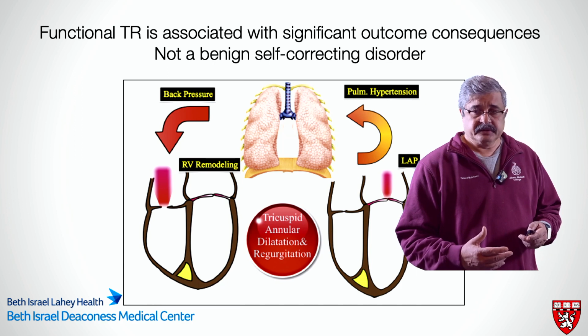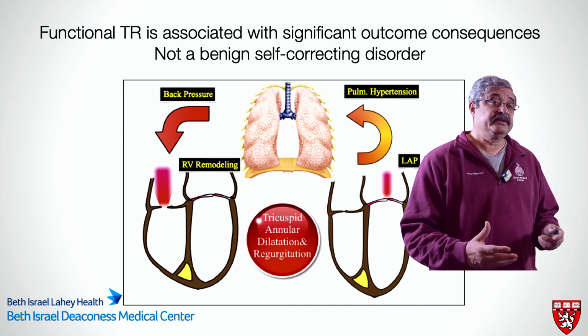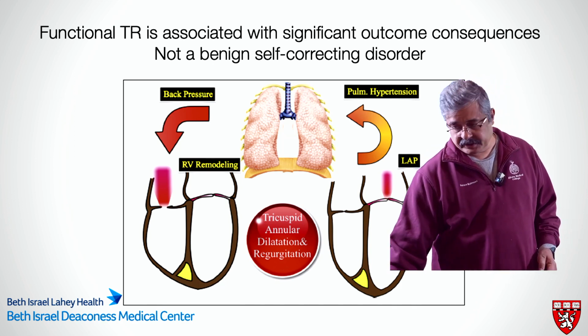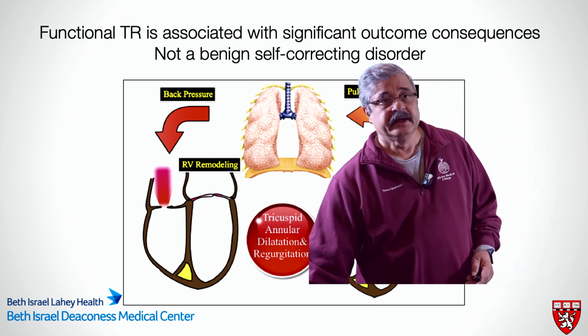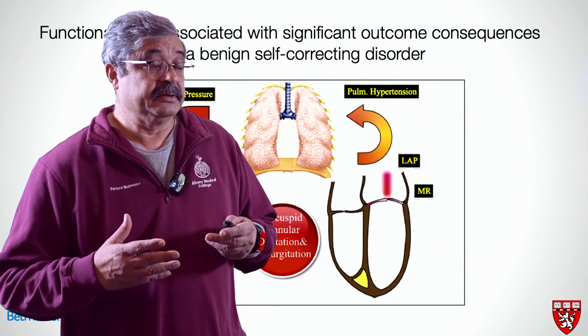So therefore, it was assumed that if you were to correct the left-sided disease, the tricuspid regurgitation would correct itself. So that was generally the assumption.